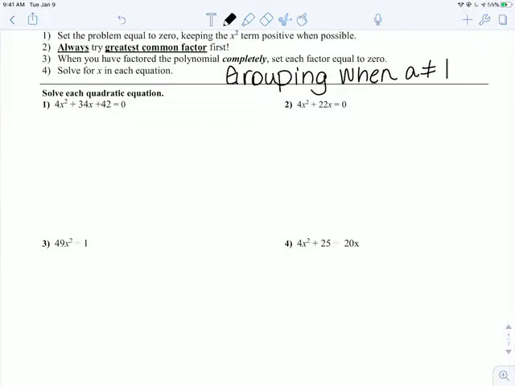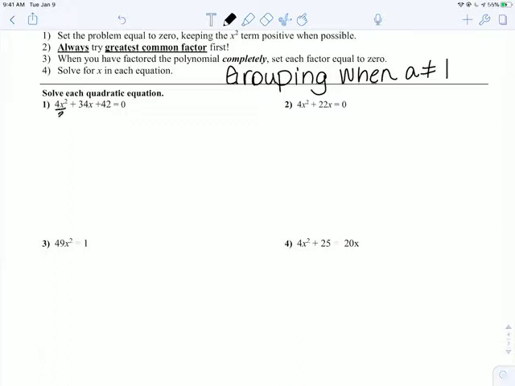So let's look at problem number 1. I'm always trying to factor out a GCF whenever I possibly can. I notice that all of these numbers are even, so they're divisible by 2, but we want to make sure they're not divisible by 4. I know 34 is not divisible by 4, so I definitely can't pull that out as a GCF.